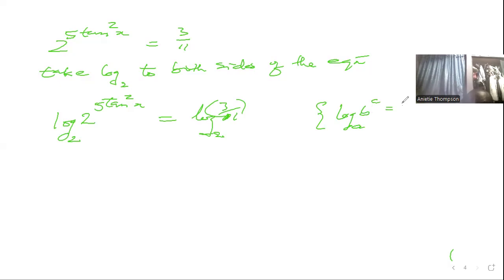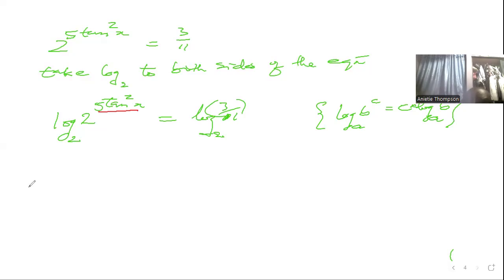log a of b raised to the power of c is the same thing as c log a of b. So the power inside the logarithm becomes the factor that multiplies the logarithm itself. That means the entire power here will become the factor of the logarithm.